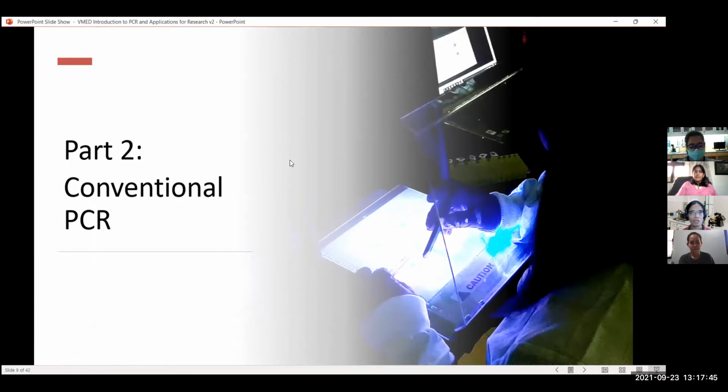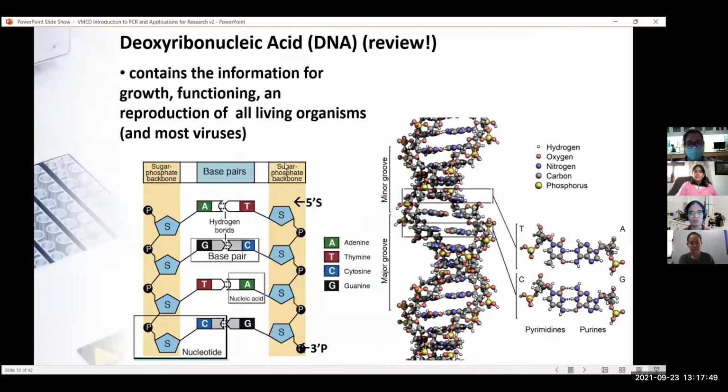So DNA is the information storage of organisms, and they have different base pairings that are very specific. So A pairs to T, T pairs to A, G pairs to C, C pairs to G. So this will be very important later sa PCR. So what is PCR?